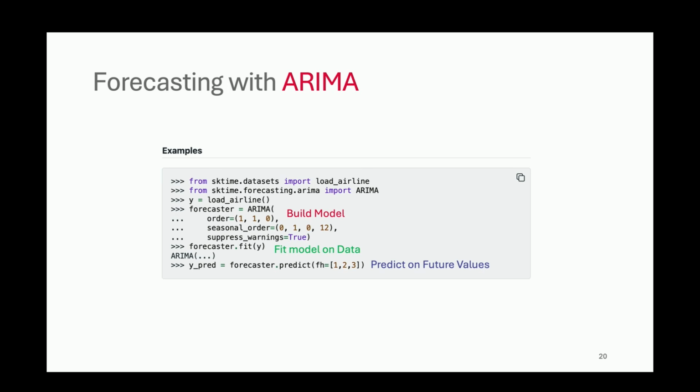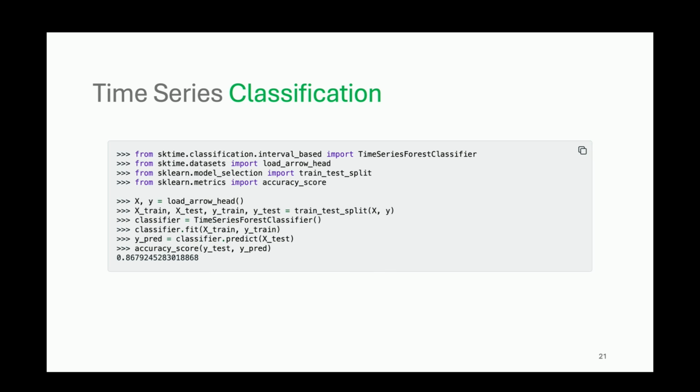So it's quite similar to how Nixtla and scikit-learn do it. And if you look at time series classification, that is also pretty simple. Let's say you have a time series algorithm that you want to apply. This is one kind of machine learning algorithm for time series data. You can just load the time series data exactly as you do in scikit-learn, very simple. You just call the fit function again.